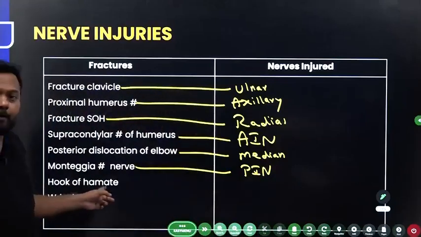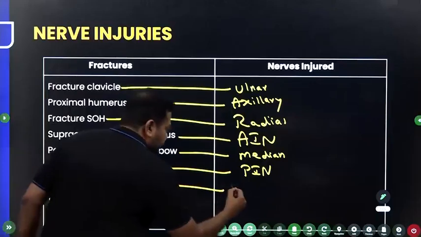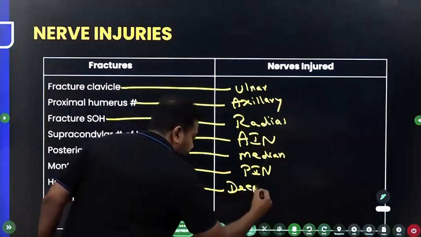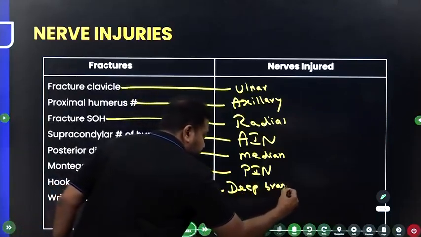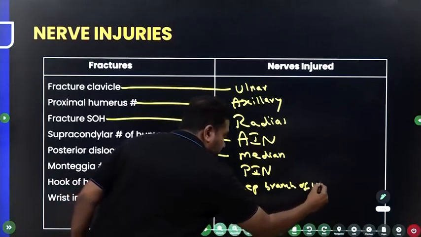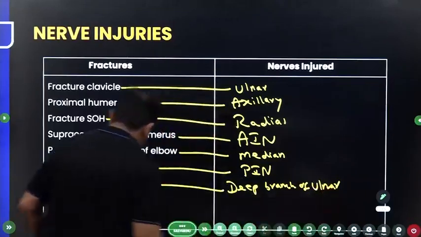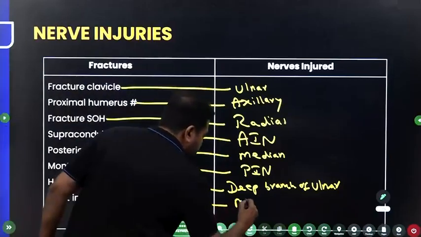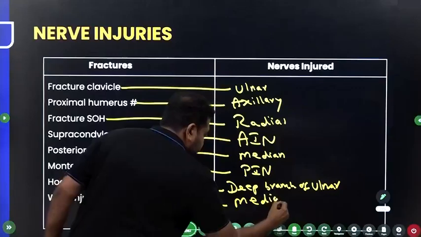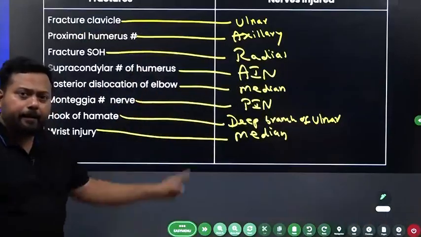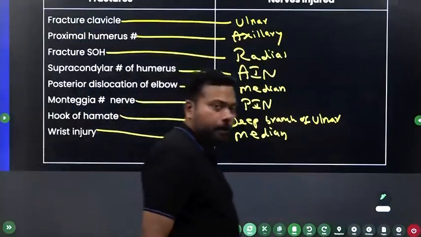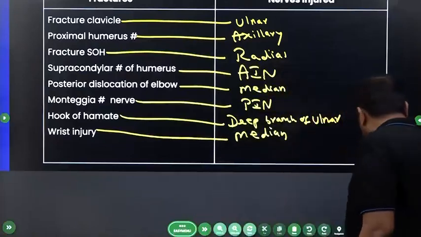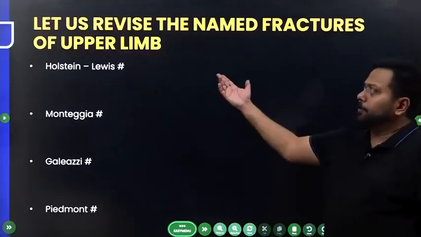Most common nerve damaged in hook of hamate is deep branch of ulnar nerve. Most common nerve damaged generally in wrist injury is median nerve. Okay, guaranteed one question will come. Okay, so very simple. Let us revise.